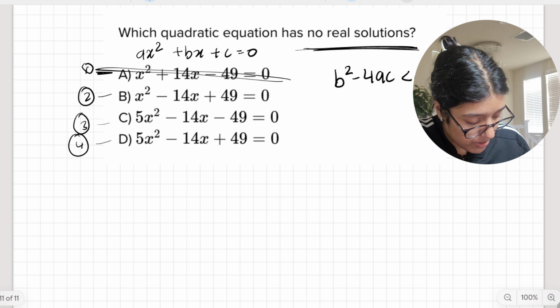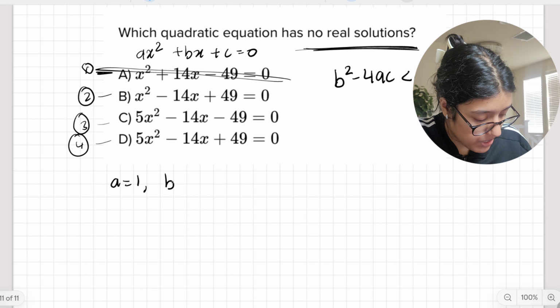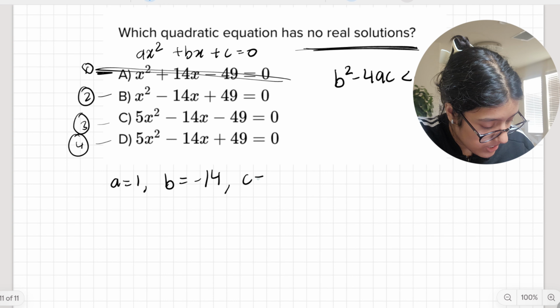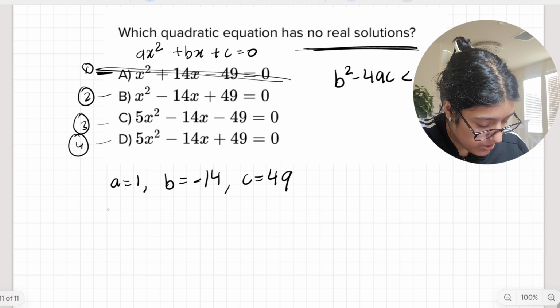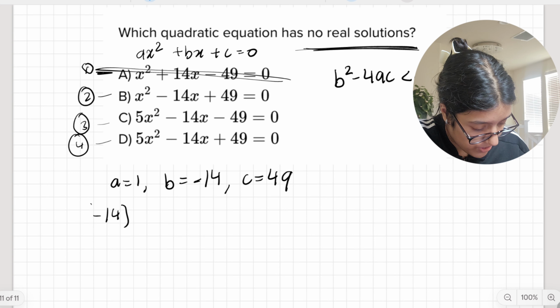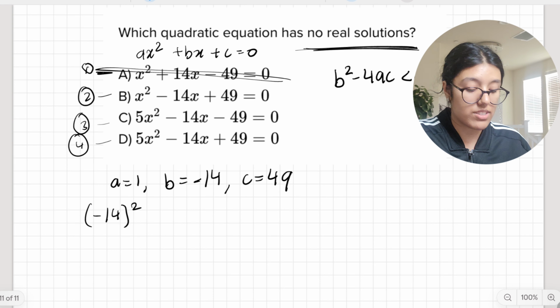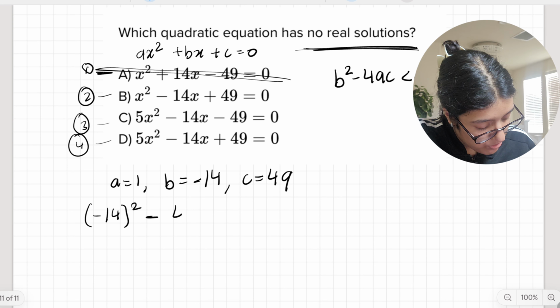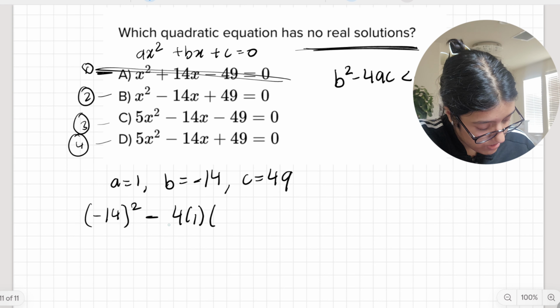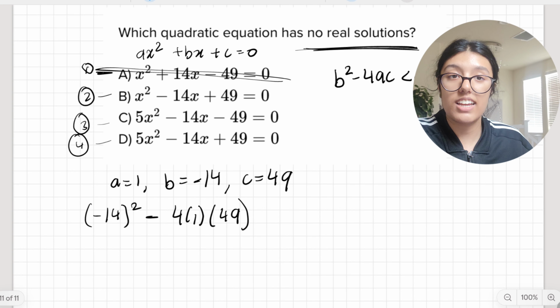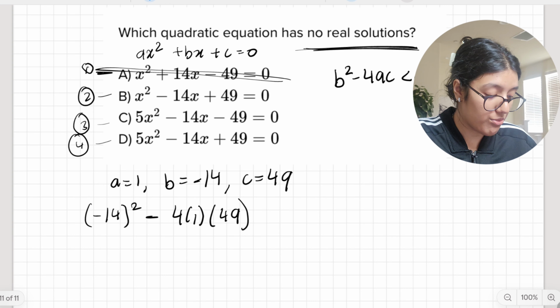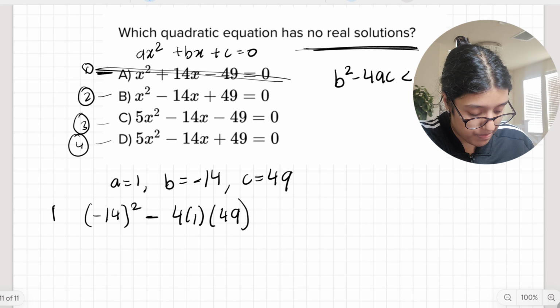Let's go on to the second one. A once again is 1, B is negative 14, C is 49. All right, so B squared is what? Negative 14 squared, which is once again positive, minus 4 times 1 times 49. So in this case, you actually do have to solve for the discriminant.